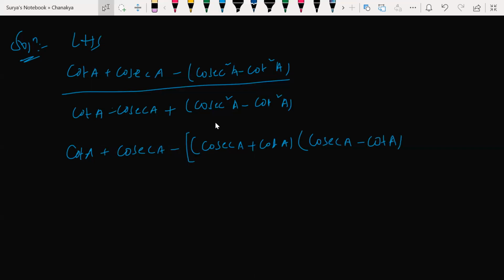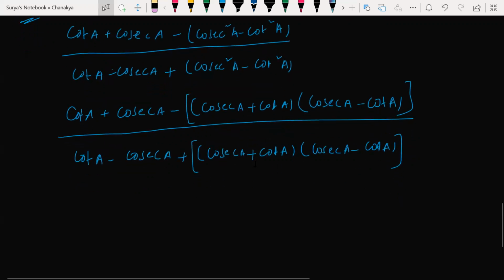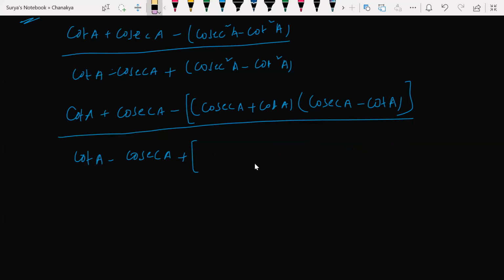Guys, do you have any doubt here if I write like this? Same thing, cot a minus cosec a plus 1. Cosec a plus cot a into cosec a minus cot a, right? So basically, look at this here. Instead of writing this, you can write this as cosec square a.